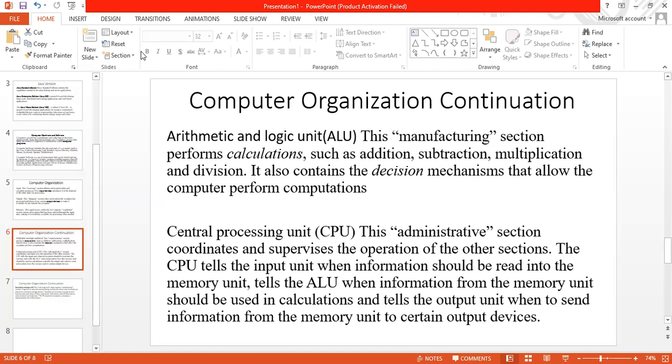They help in coordinating every other section. So a typical example is the brain. The brain helps in the coordination of every part of the body.